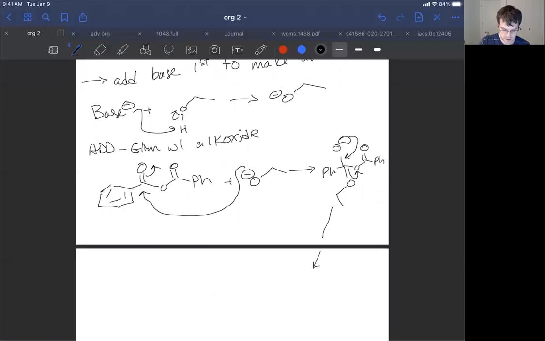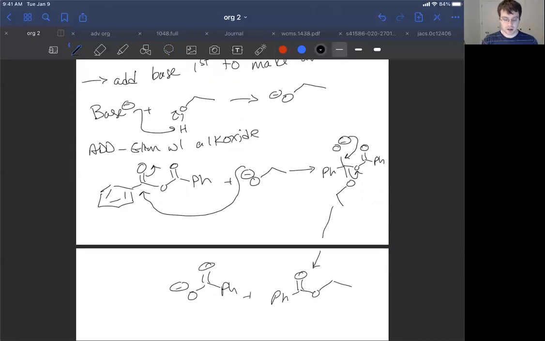Okay, that's going to give us our final product plus our carboxylate, which sort of stays put because we've got a strong base present.